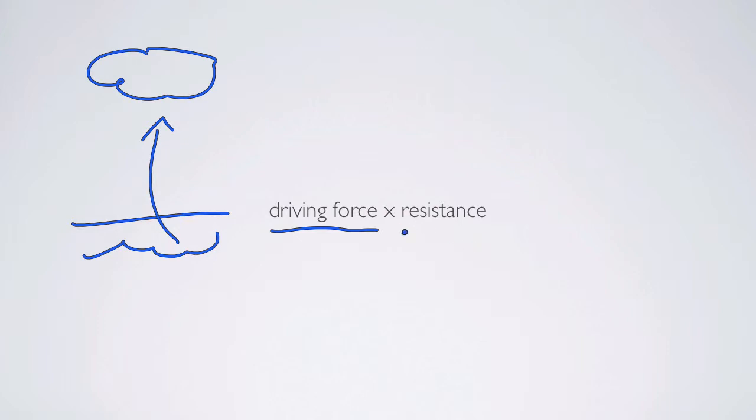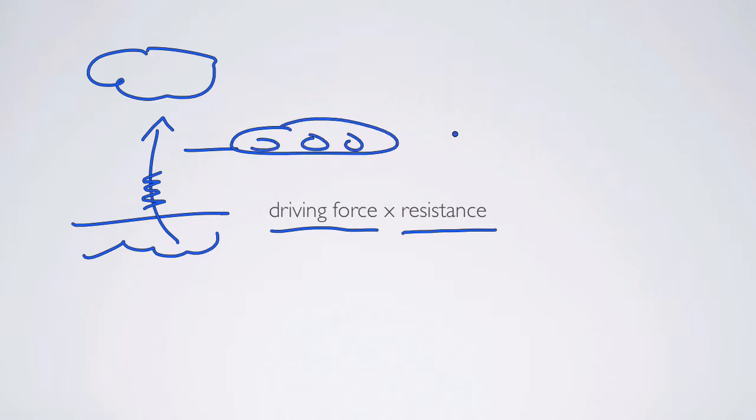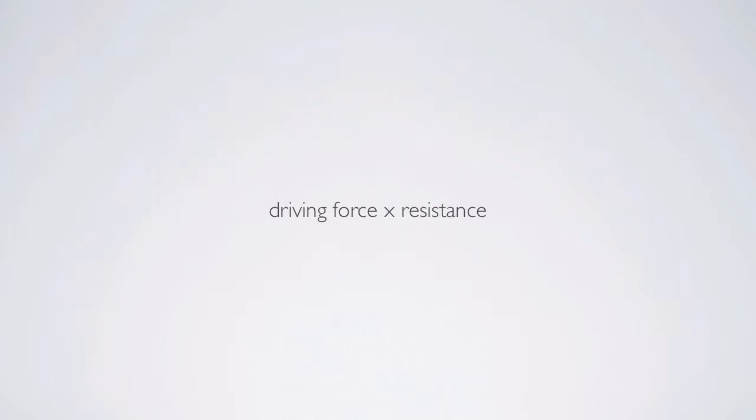Then the flow through the plants depends on the force that's applied as well as the resistance. Different plants have different amounts of resistance that controls how much water is going to leave the plant. A leaf with open stomata is going to have a lot less resistance than a leaf with closed stomata. That's one way that plants regulate the resistance, but there are other factors that contribute to the resistance of the flow of water through plants.